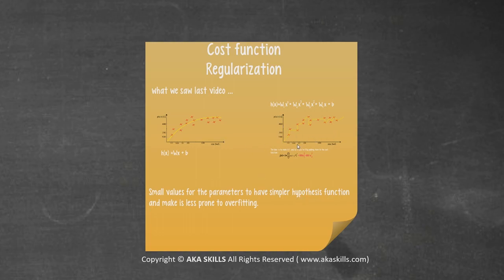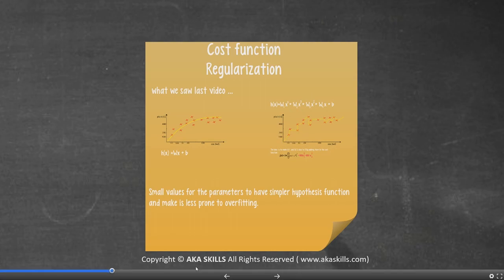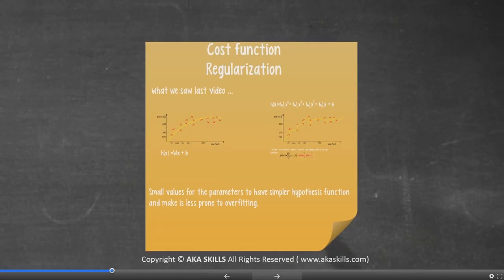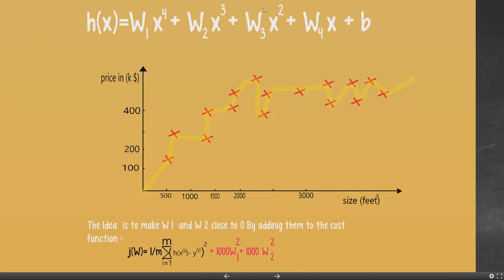This is also called the simpler hypothesis function, because we are getting rid of this term and this term, so we're gonna have only the quadratic function, and it's simpler than all of this function. And in that way, our hypothesis function is gonna be less prone to overfitting.